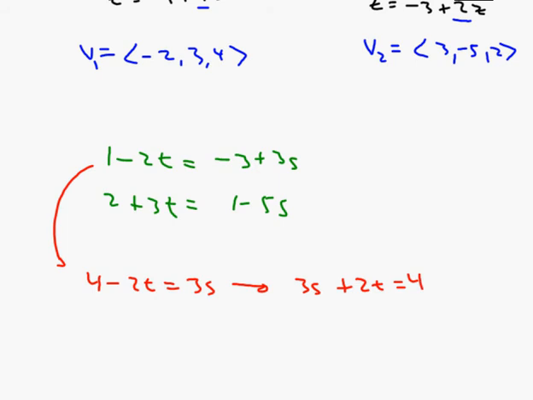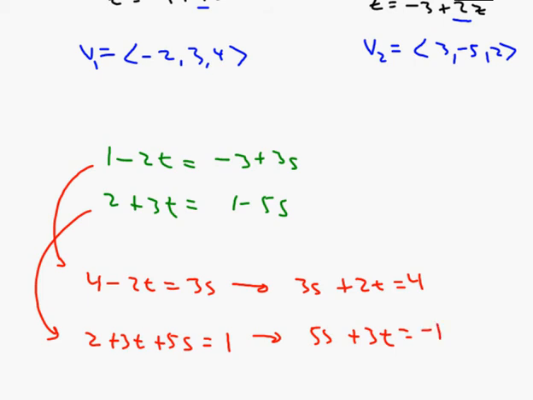All right. And then let's take the second equation. We would have 2 plus 3t plus 5s equals 1, or actually, let's put it in an order that sort of matches up. So we'll say 5s plus 3t equals, and then 1 minus 2 is negative 1.